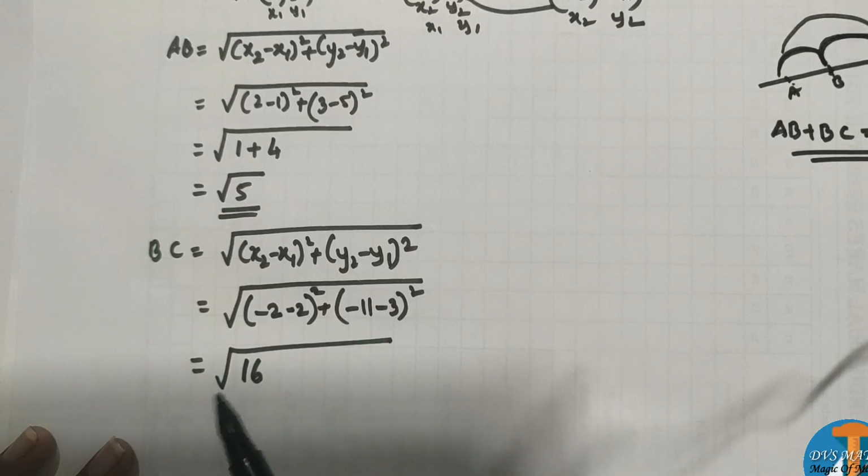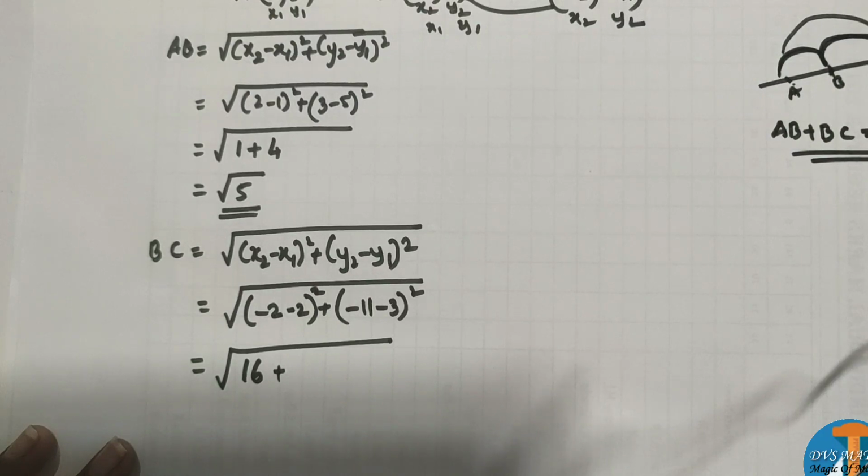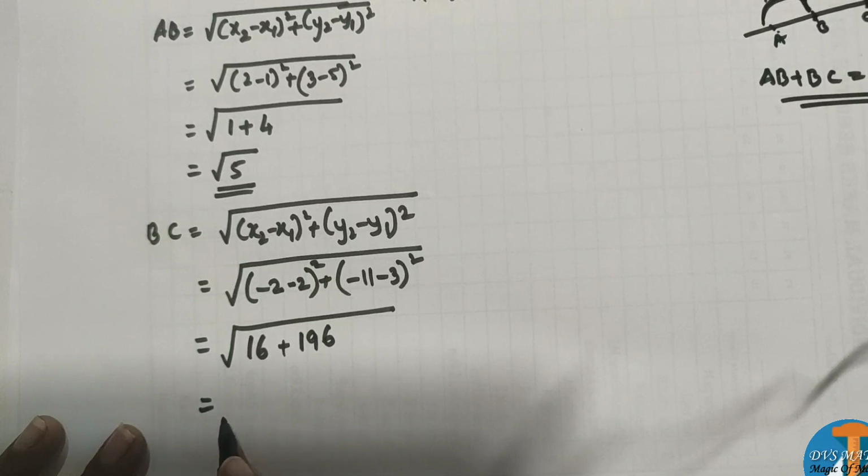Then plus minus 11 minus 3, it is minus 14. Minus 14 whole square means 14 into 14 it is 196. Now if you add these two, 16 plus 196, you are getting 212.